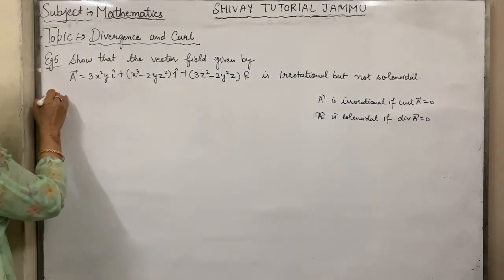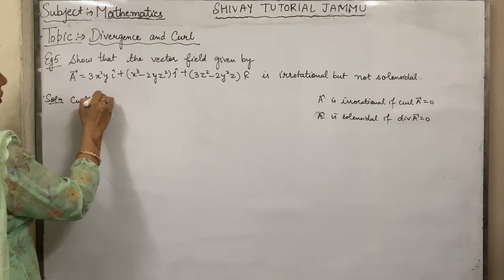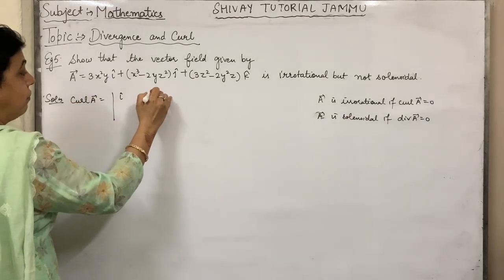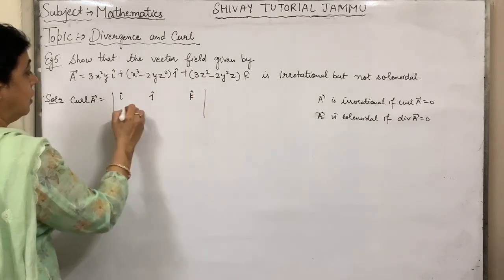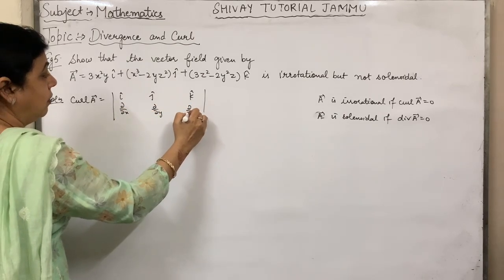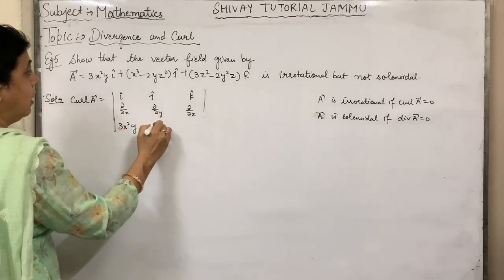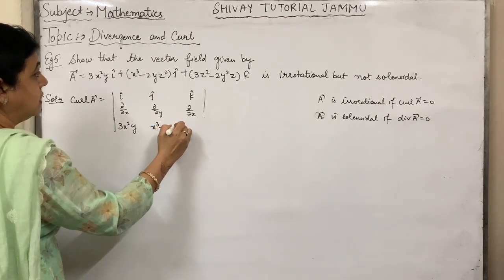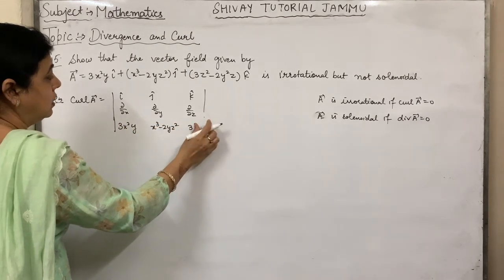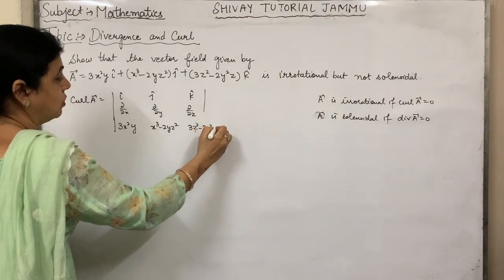So A vector is given to us, therefore firstly we will find curl of A vector. So curl of A vector we will find with the determinant method, curly by curly x, curly by curly y, curly by curly z upon 3x square y, x cube minus 2yz square, 3z square minus 2y square z.